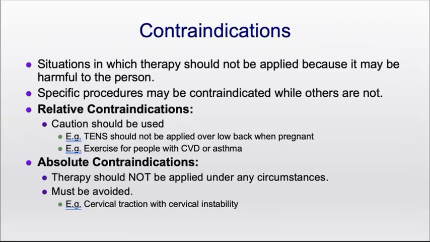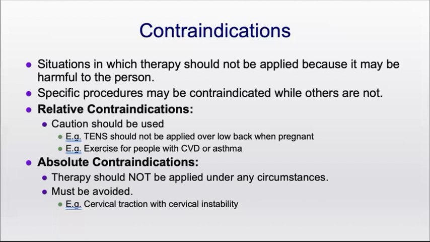There's a baby in there that's forming. There's a heartbeat that can be impacted by electrical impulses, and TENS is introducing electrical impulses. So you shouldn't be using it on their low back. If they have a shoulder injury or a wrist injury, you may be able to use the TENS with that individual. So it's a relative contraindication to using a TENS unit.